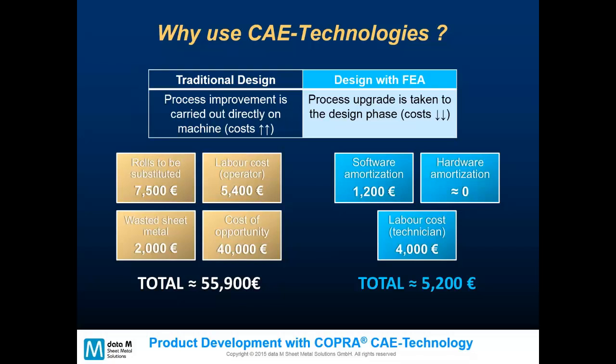And the labour cost of the technician is in the region of €4,000. So you can see here between the two, we're saving almost €51,000. This is if we consider how many rolls we would have changed during an optimization process of a large project using today's methods or the methods of 30 years ago.